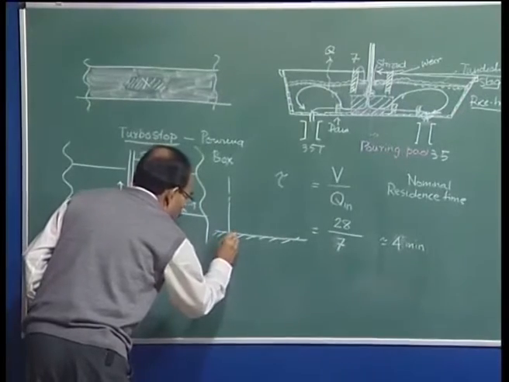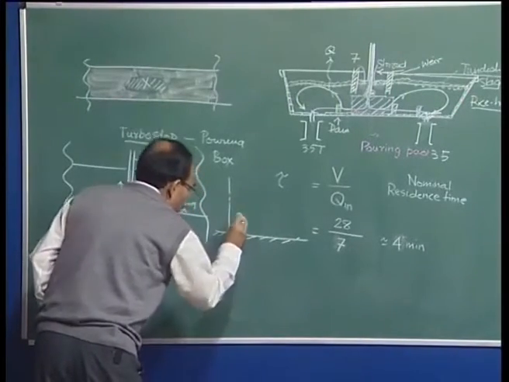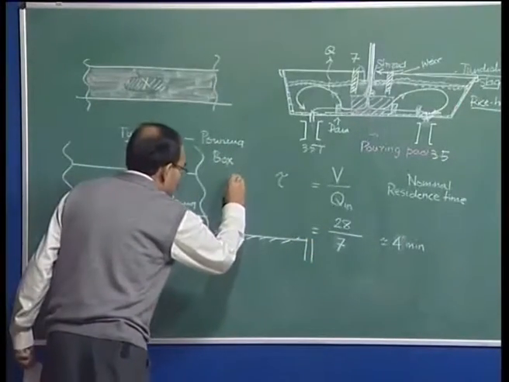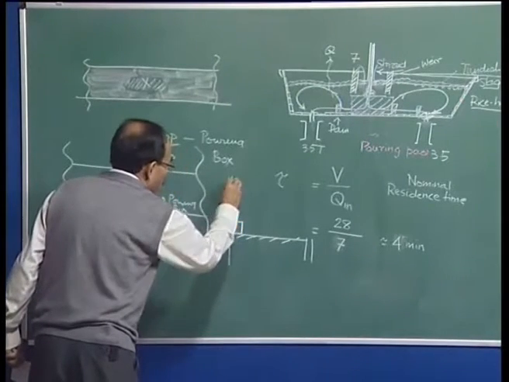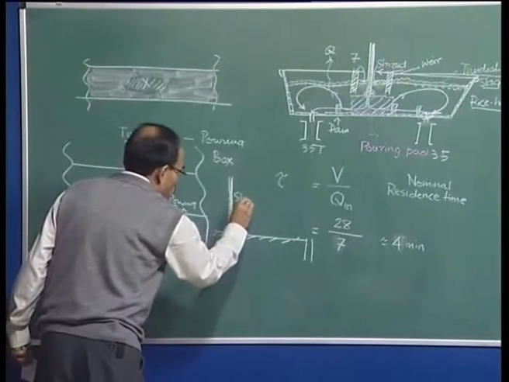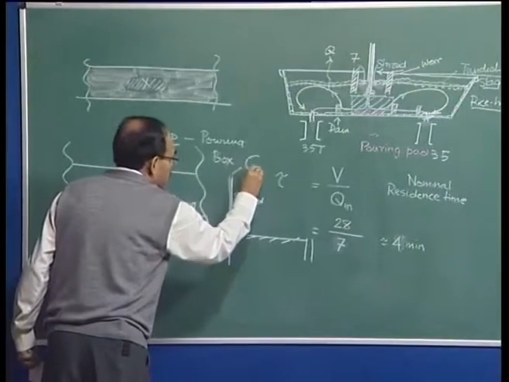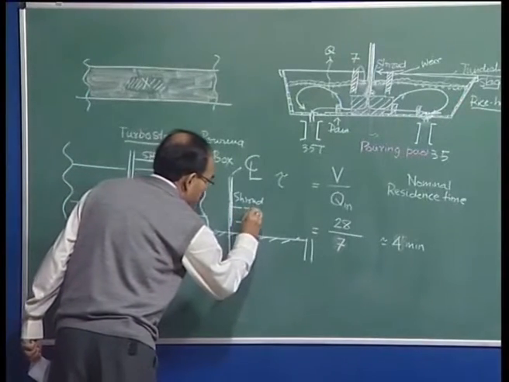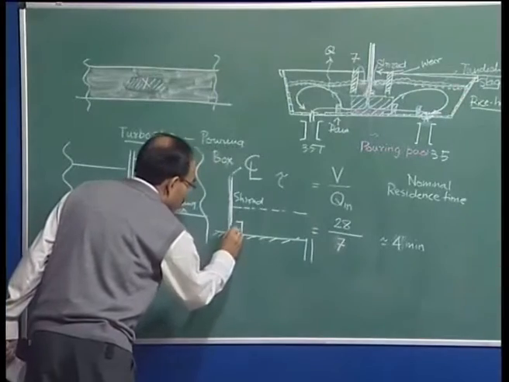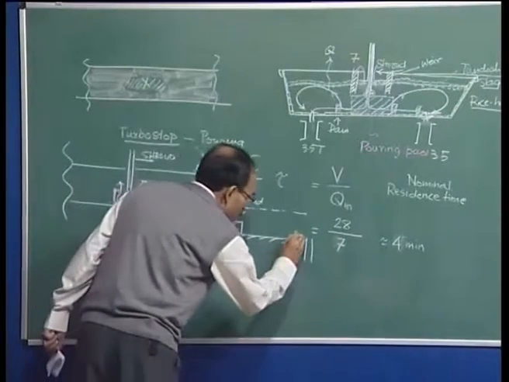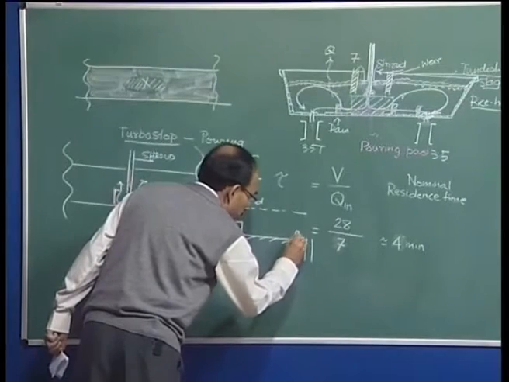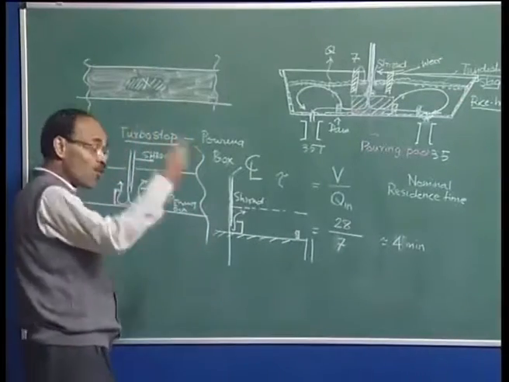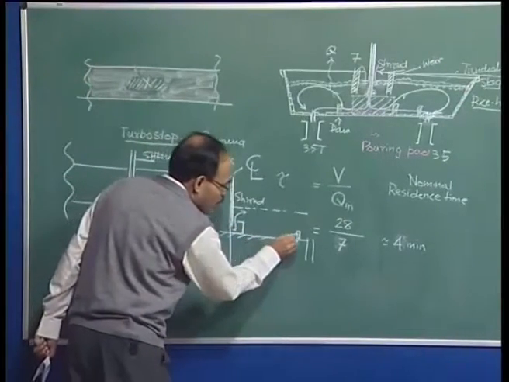This is the turbo stop, and this is my strand here, and this is the shroud, and this is my center line. So this is my free surface, the material goes like this, and we often have a near strand dam. The objective of this dam again is to prolong the residence time. You see, the material will come here and it will not be able to flow through.